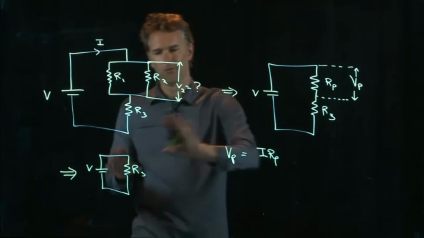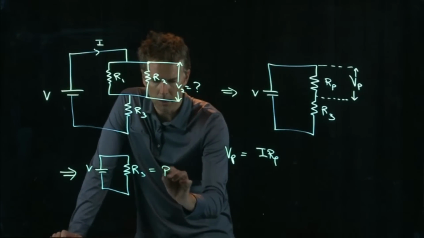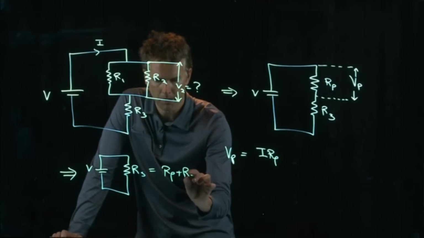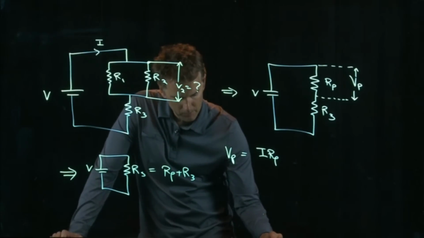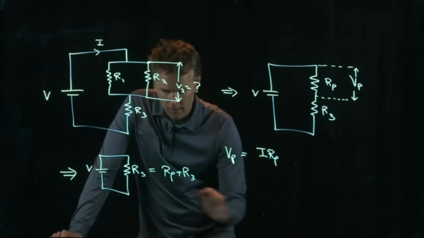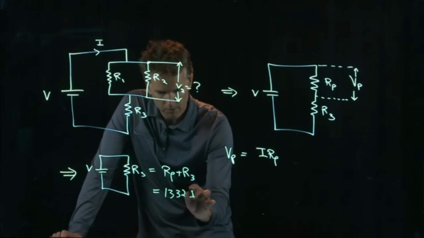This circuit becomes this circuit, where RS is equal to RP plus R3. And we said we knew that one, right? That was part A, which was, let's scroll back up. For our numbers, it was 1332 ohms.